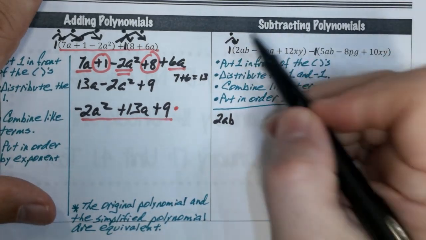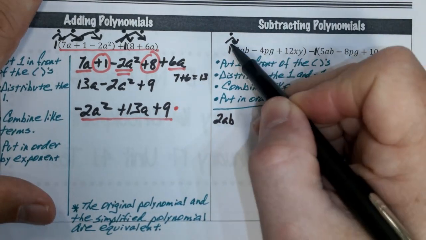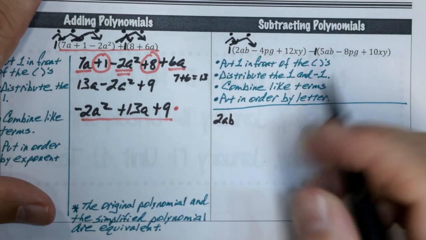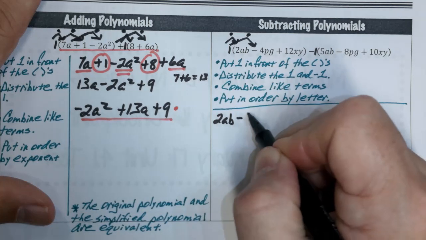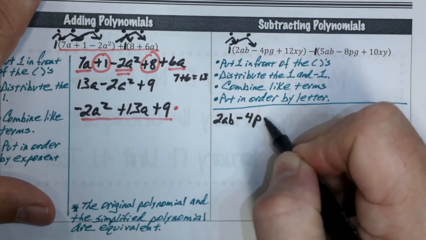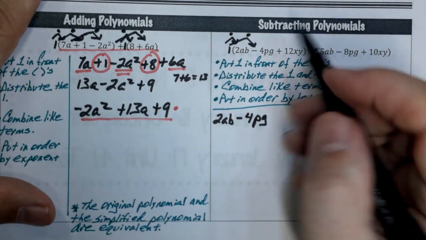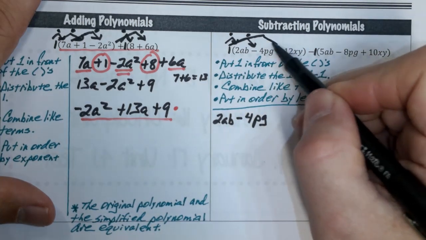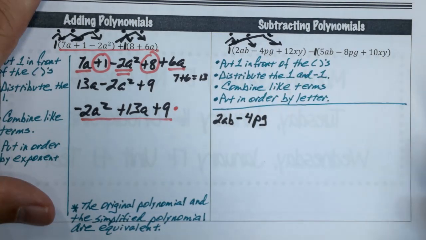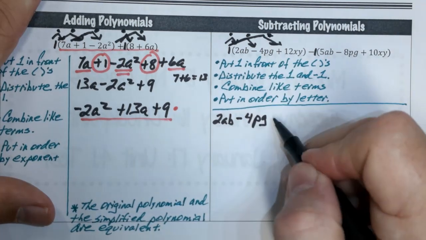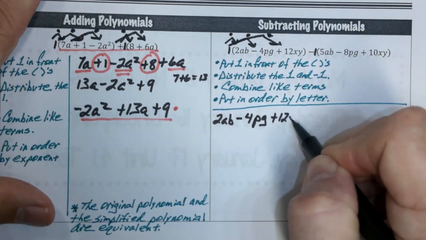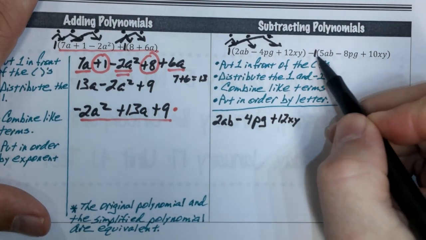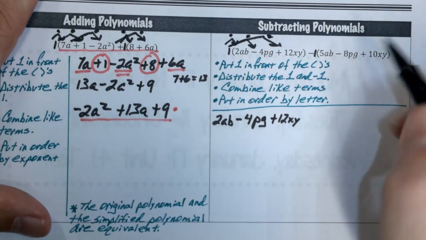And then we have 1 times a negative 4 pg, so that'll be minus 4 pg. And then we have a 1 times a 12xy, so that's going to be plus 12xy.